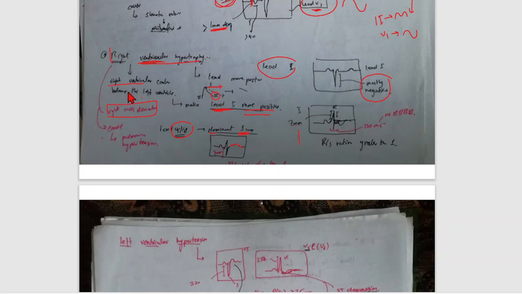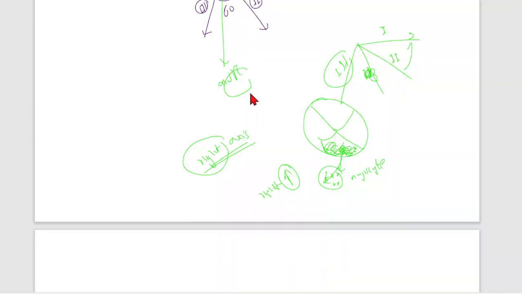If right ventricular hypertrophy occurs, there will be right axis deviation, caused by pulmonary hypertension. For example, right axis deviation will occur, and this is also called pulmonary hypertension. From the right side the blood goes toward the pulmonary side, and there will be pulmonary hypertension.